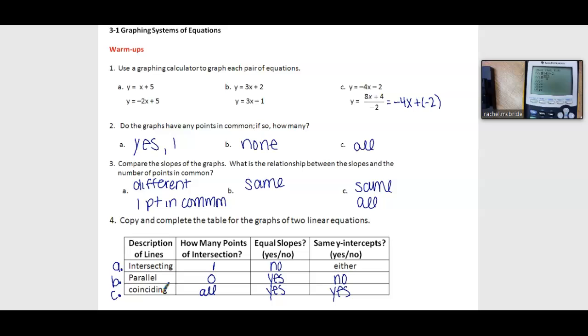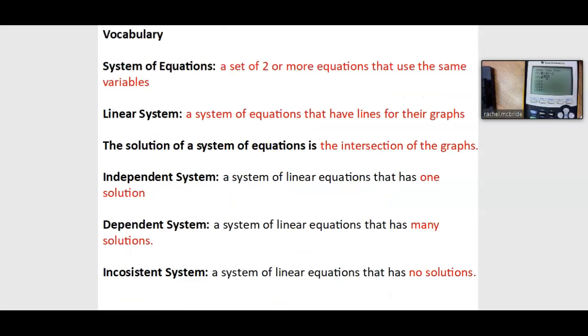So what we're going to do today is talk about graphs of systems of equations. So we have three different types of systems. We have intersecting, parallel, and coinciding. Is everybody okay for getting all that information down? So a system of equations is a set of equations that use the same variables.